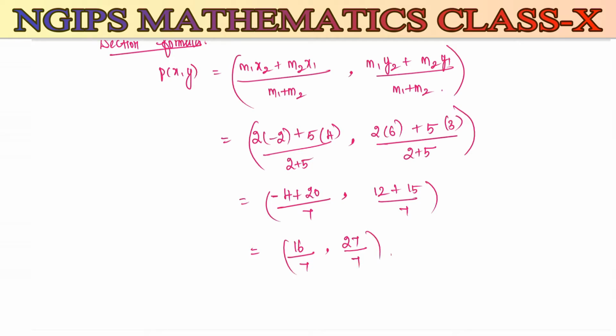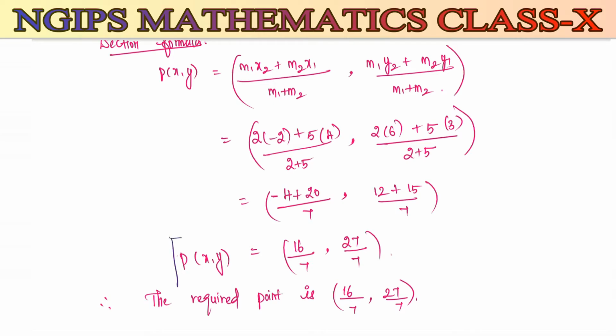So this is the point P. P of x comma y is equal to 16 by 7 comma 27 by 7. Therefore the required point is 16 by 7, comma 27 divided by 7. So this is the final answer.